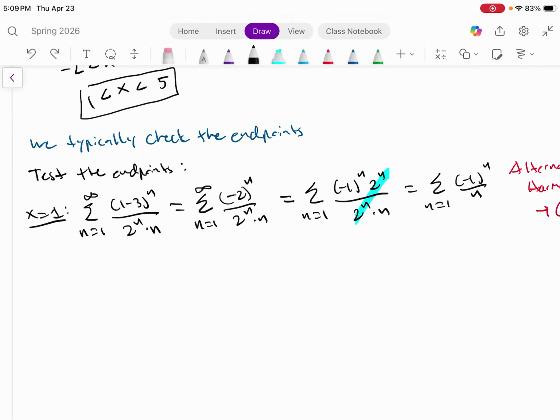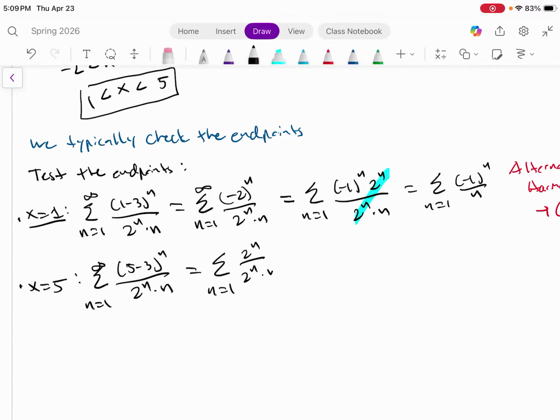So we have to do the same thing to x equals 5. Let's plug 5 into our series. So it'll be 5 minus 3 to the n over 2 to the n times n. So this would be 2 to the n over 2 to the n times n. No alternating part to worry about. So what I'm left with is the sum from n equals 1 of 1 over n.